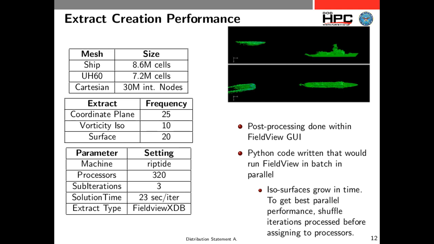We were running these simulations on the high-performance computing DoD machines, and that allowed me to create all the plots remotely rather than pulling all the data back. These ISO surfaces grow in time because of the adaption, so to get good scalability, I shuffled up the different time steps before sending them out in parallel.